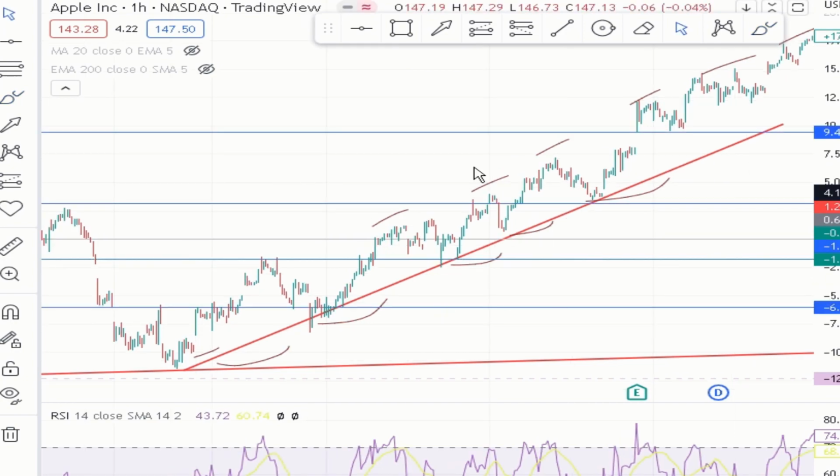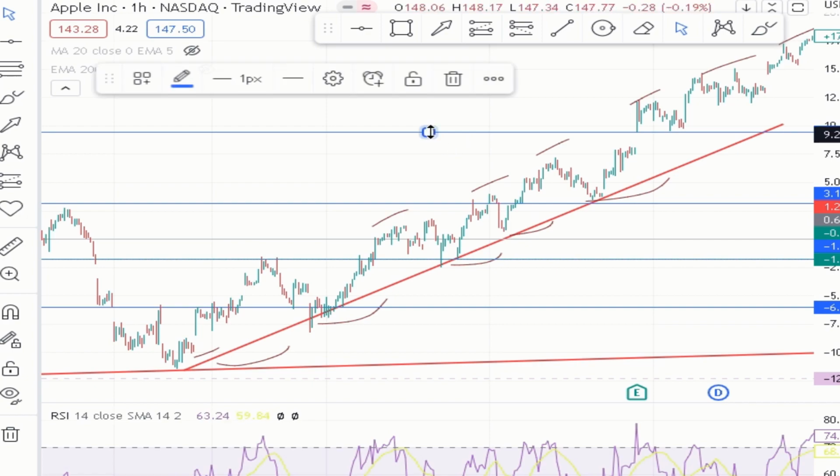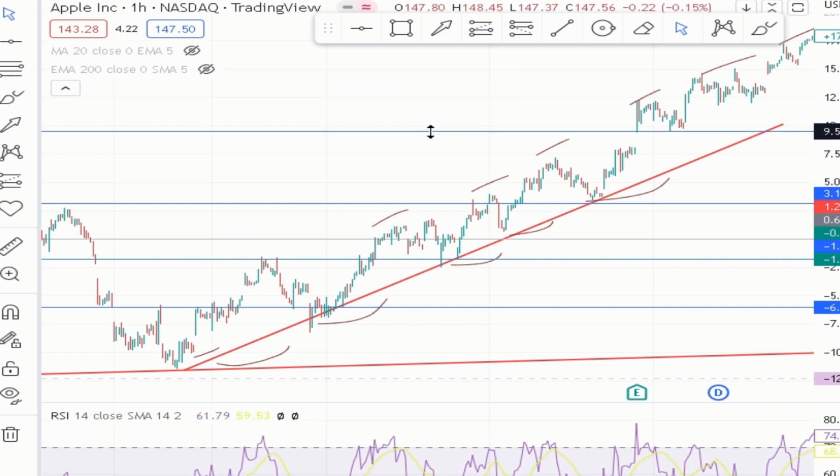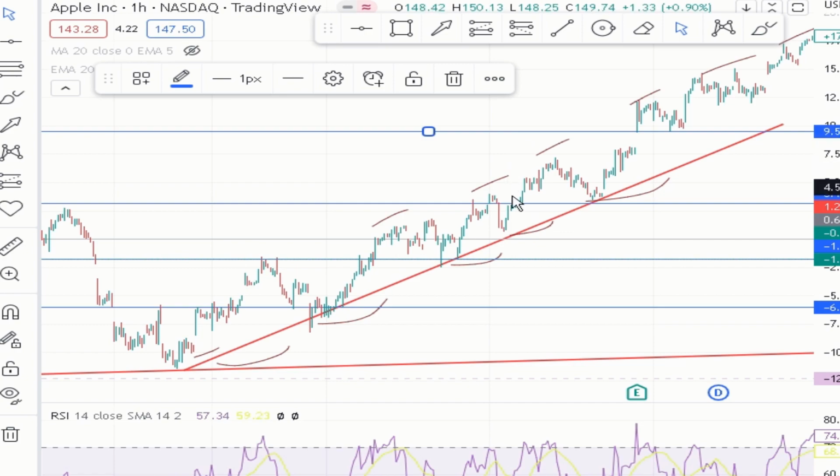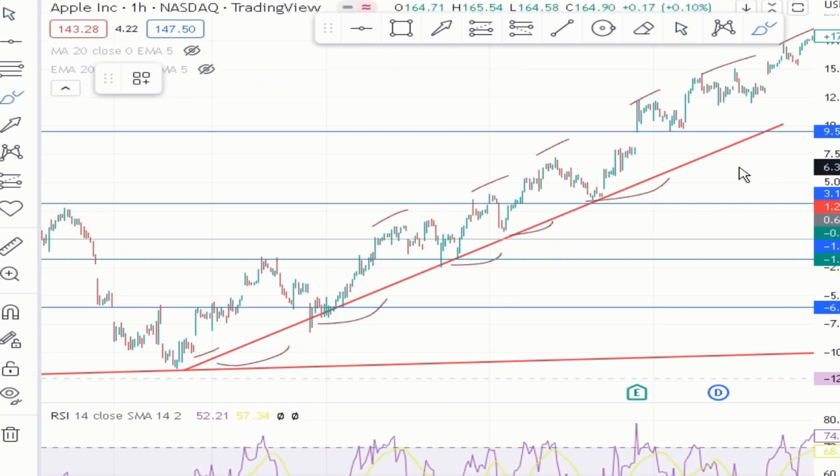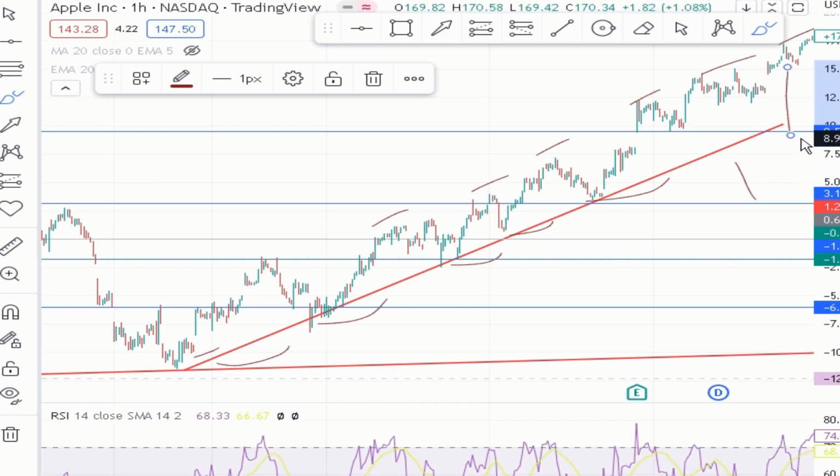Of course, you can draw as many support and resistance areas as you like. Like here, there is one, and there are many spots that you call support and resistance. But remember, with the time frame that we have, if the stock comes back to here, do you want to buy it here or here?